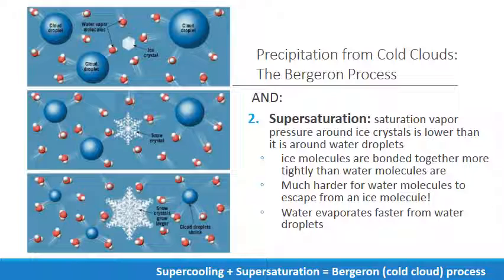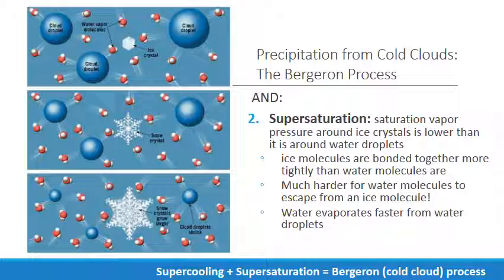I think table 5.3 in your book shows you that at minus 10 degrees C, when the relative humidity is 100% with respect to water, the relative humidity with respect to ice is about 110%. Right?